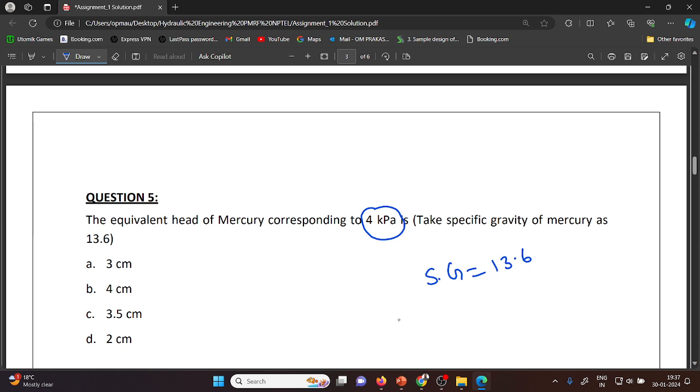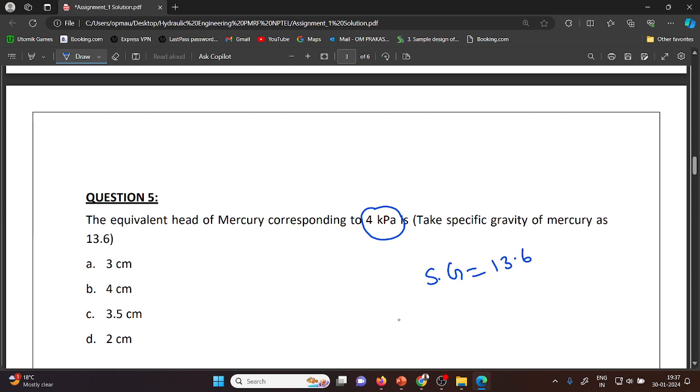The equivalent head of mercury corresponding to 4 kilopascal. So what should be your approach, by using the properties of mercury?